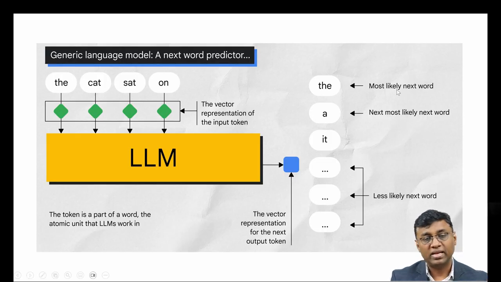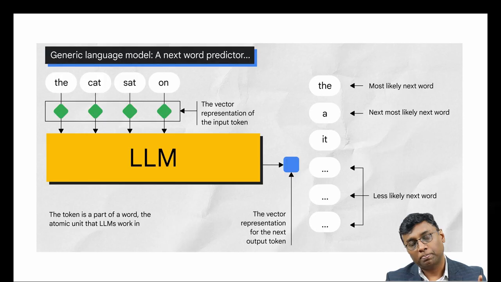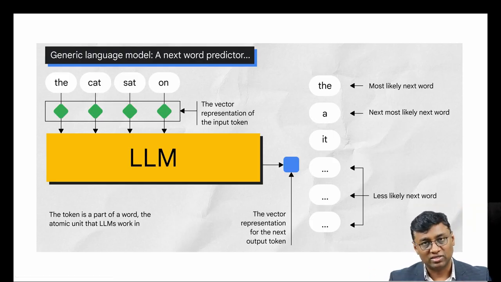We have the next words which are predicted based on the vector representation for the next output token. There are a lot of possibilities: most likely the next word could be "the," and next most likely could be "a." It puts all those predictable words according to the vector representation and the ranking. So the words coming below are less likely to be the next words, right?